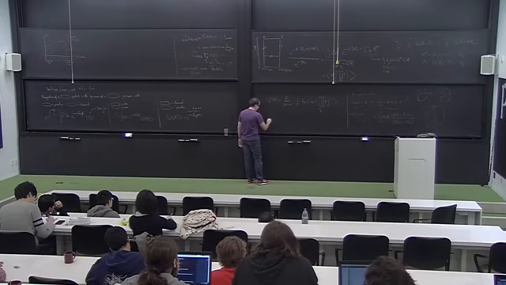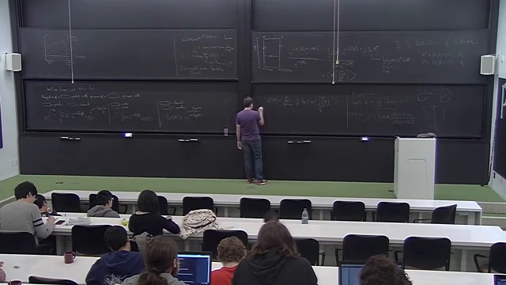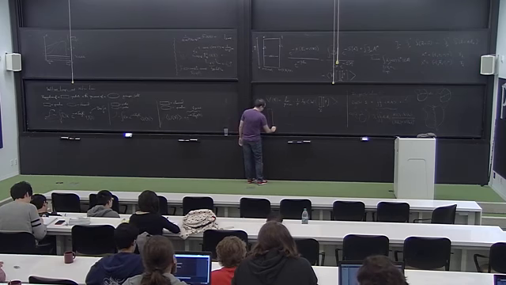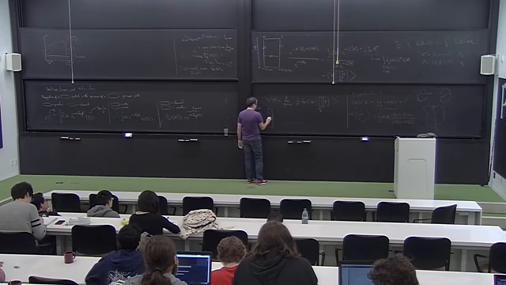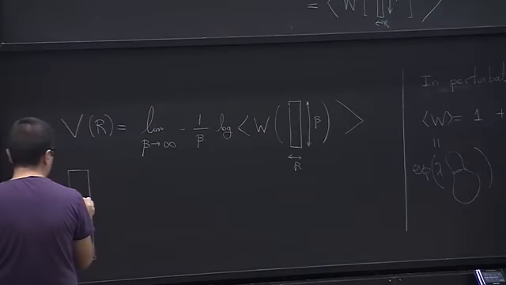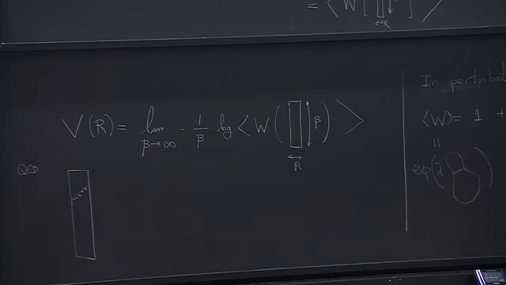So what we have to do in QED here is study exactly this one loop diagram, right? Okay, so this is what we are going to do, therefore. Our potential V of R would be 1 over beta times this diagram here, right?